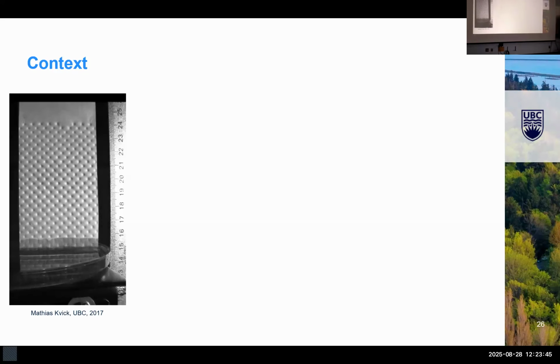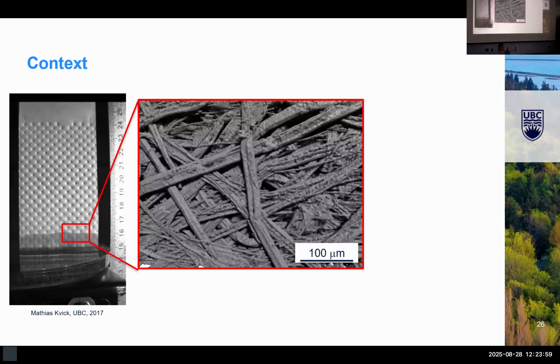The specific type of liquid transport we're interested in here is called edge wicking, where we have basically immediate saturation in this direction and in the depth direction of the paper, and then the flow is primarily going upwards like this. And it turns out that in this type of situation, despite paper being a material that interacts with water every day, nobody can quite agree on where the liquid is actually traveling at the microscale and how it's traveling there.